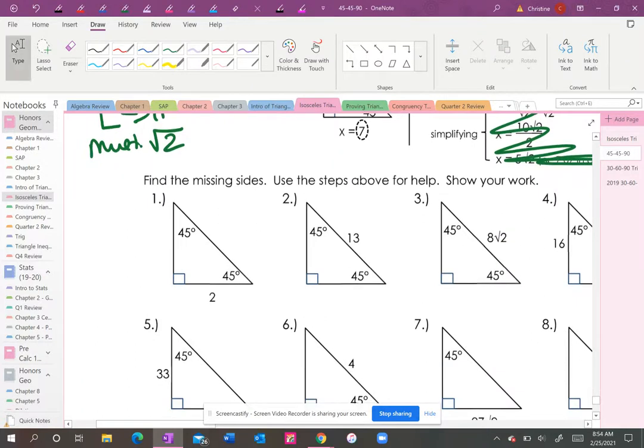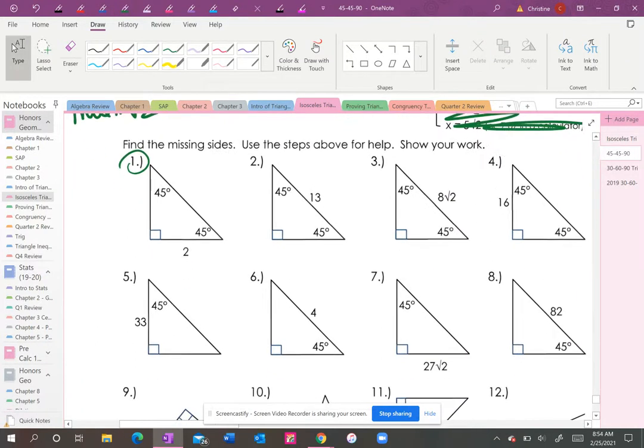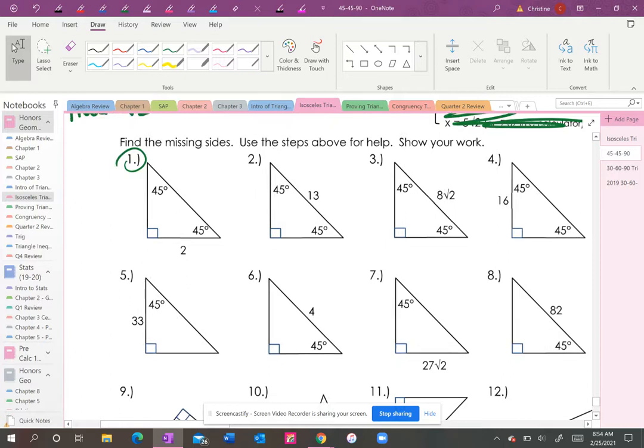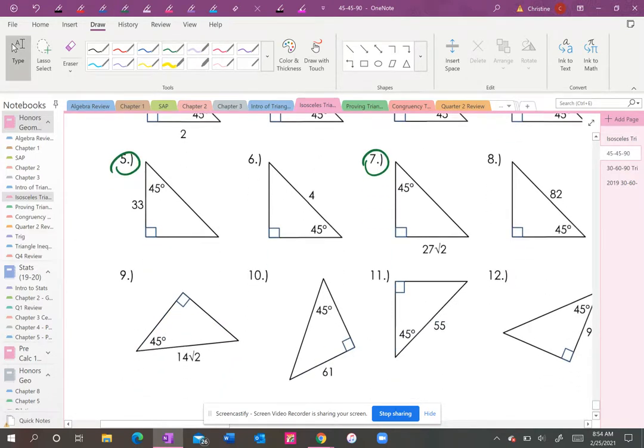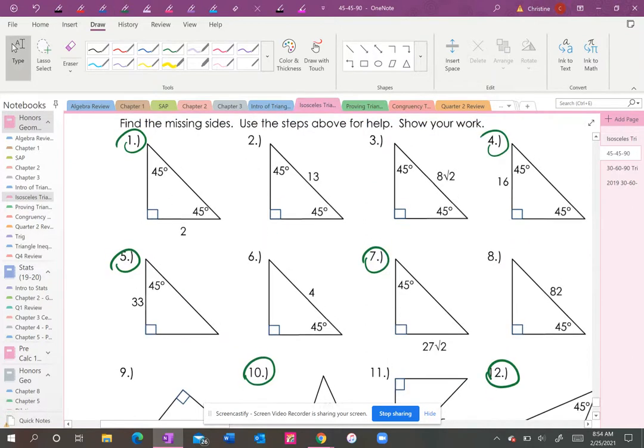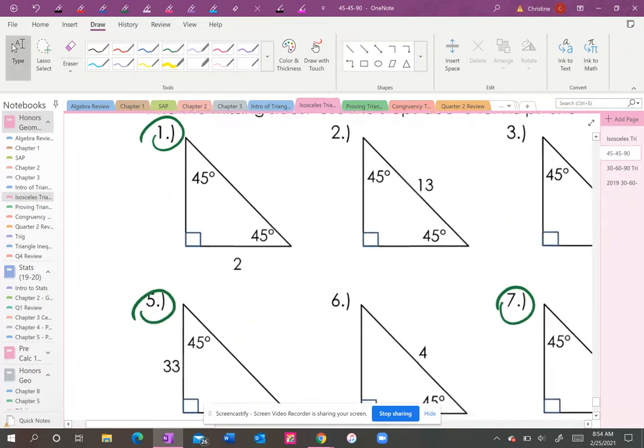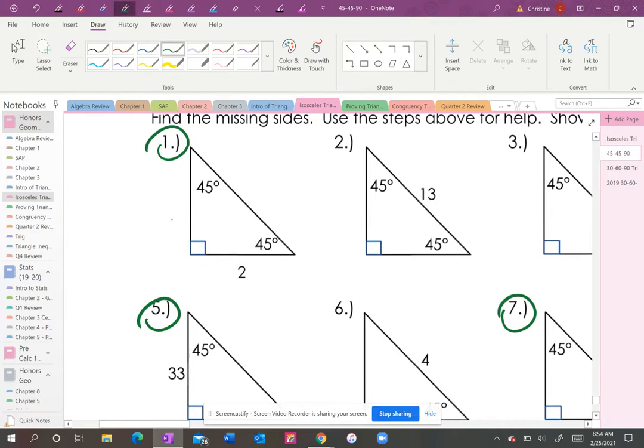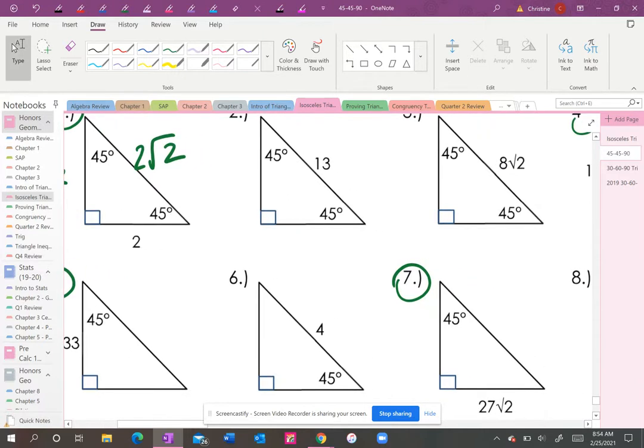So I'm going to pause that real quick and go and do some of these problems here. So I'm going to do all of these that I'm circling in green because these are the only ones where you have legs. So here we go. 2, 2, 2 root 2. Notice that all of these have 45 degrees inside of them.